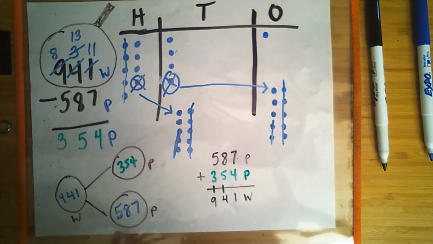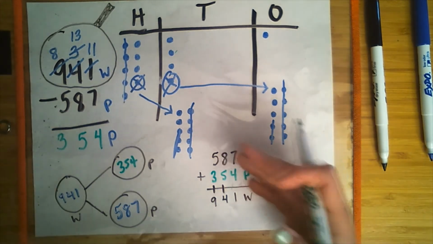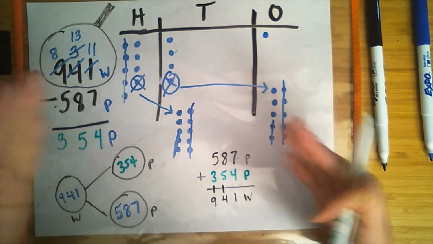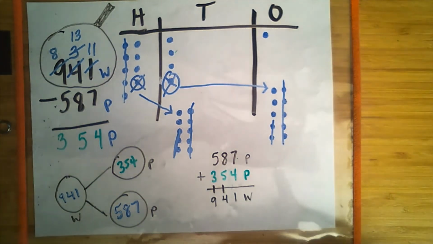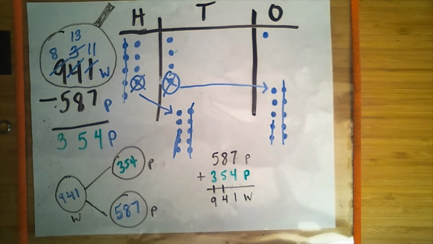Therefore, 941 minus 587 is 354. And likewise, 941 minus 354 is 587. It's very important that we have these subtraction and addition practices so that they can check each other. That helps us see the relationship between adding and subtracting. So great job, my friends.